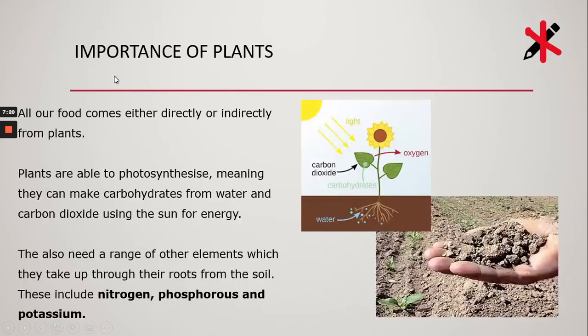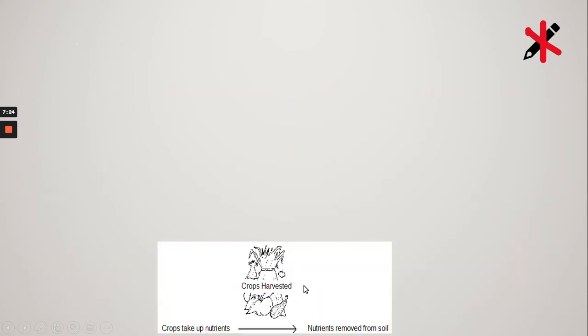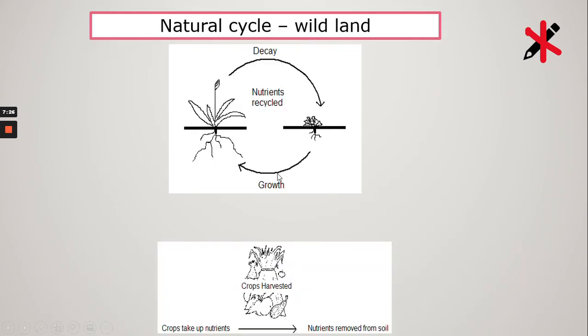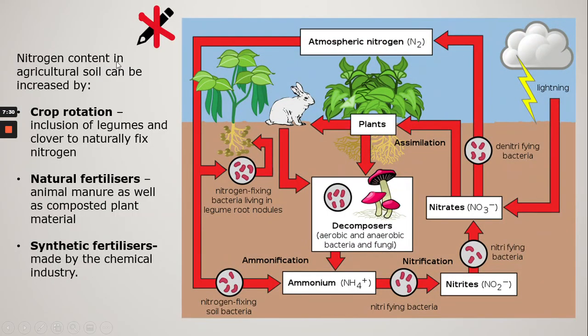So I'm just going to talk a little bit about nitrogen specifically. I mentioned that nitrogen, phosphorus and potassium are some of the key nutrients, and we've mentioned that the nutrients are generally cycled. So I'm going to just talk about nitrogen. You might remember that most of the atmosphere is nitrogen, about 80%. So you might think, well, why can't plants just absorb nitrogen from the atmosphere like they do with carbon dioxide?